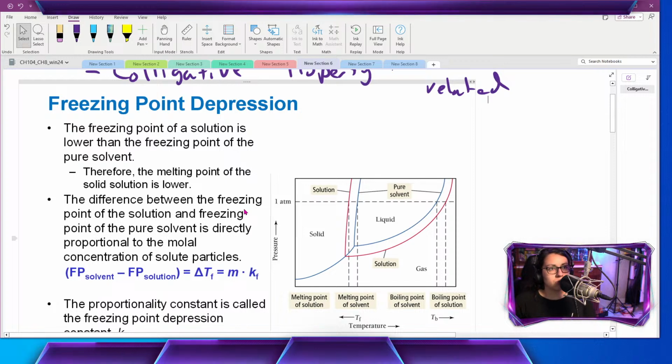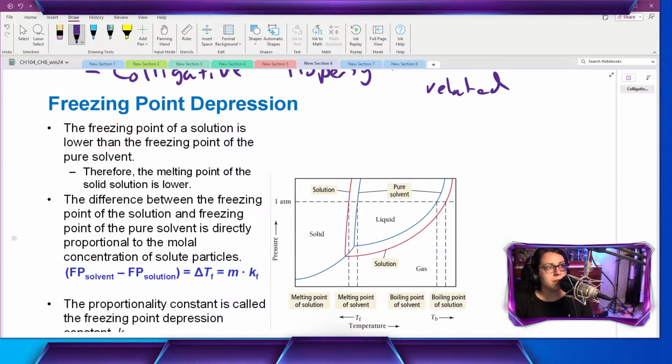And so that disruption means that then the temperature would have to be lower to freeze, right? So now we have things disrupting our freezing pattern. So to get it to freeze, we have to go lower and lower in that energy. And so that's where we get this expression, freezing point depression. So again, the freezing point of our solvent, usually thinking water or ice, is lowered.